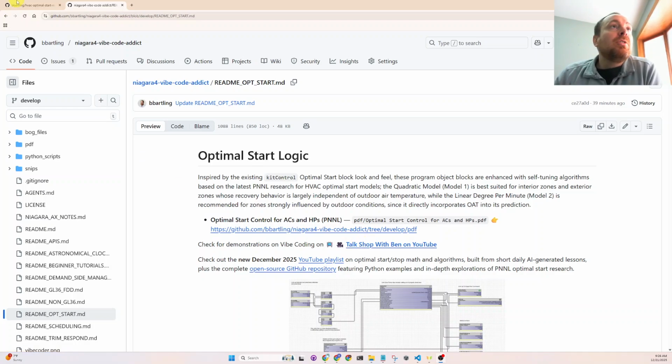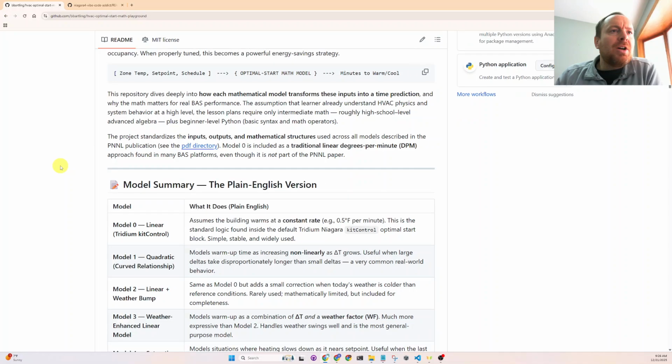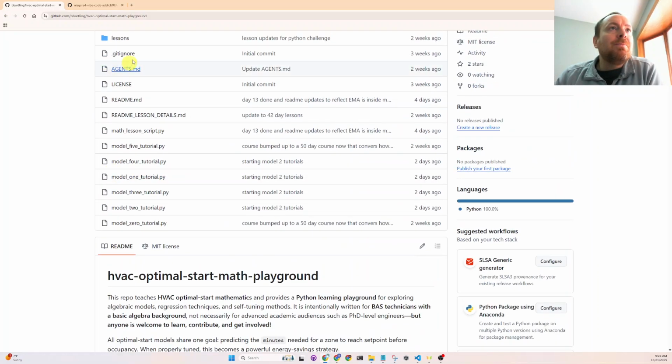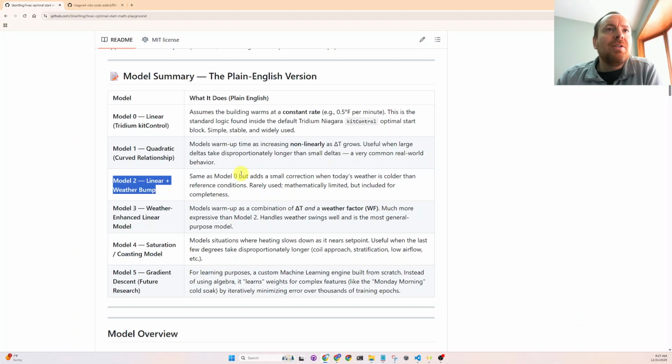So we're still up to Model 2. We're here looking at the PNNL paper. In the last video we looked at the paper a little bit. It's really good.